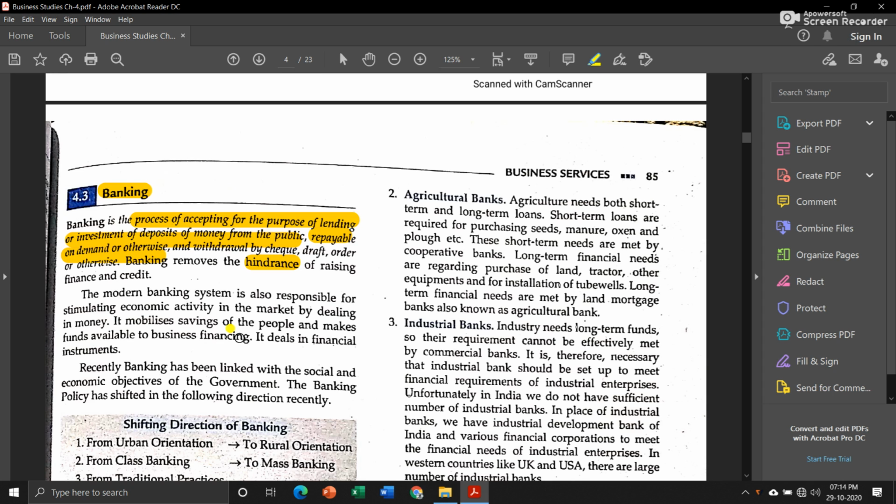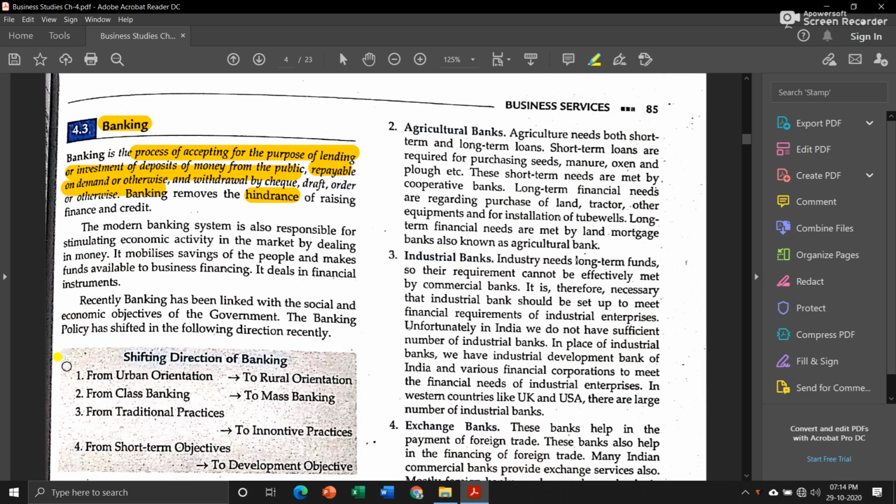to provide loans. But modern banking is shifting, or increasing its activities. Now, what is that shifting? From urban orientation: earlier banks used to focus on urban areas like cities or big towns, but these days banks are thinking about rural places also.